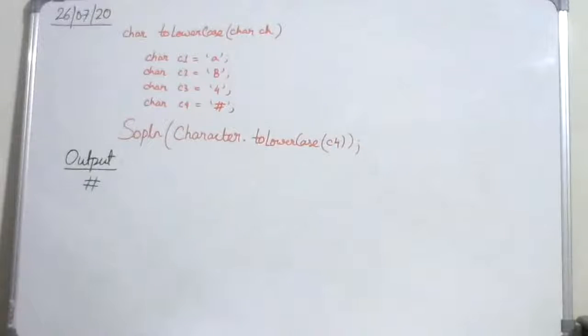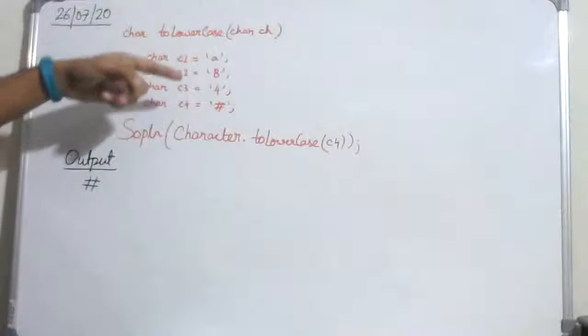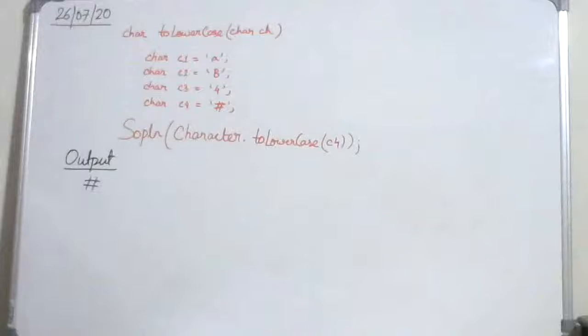Whatever value is passed to toLowerCase is returned as it is, when that value is not a letter. In case the value is a letter, it will check whether the letter is in uppercase or in lowercase. If it is not in lowercase, it will convert it to lowercase and then return the value.